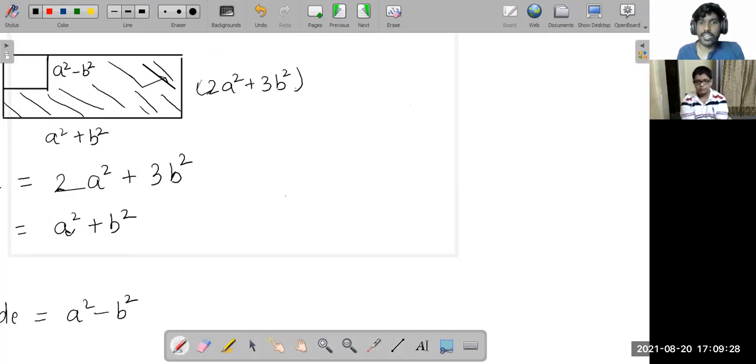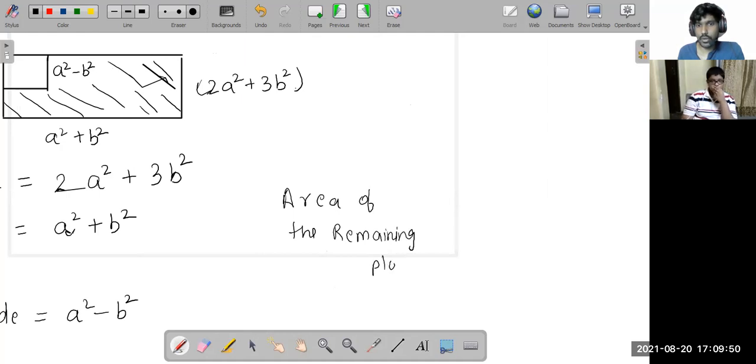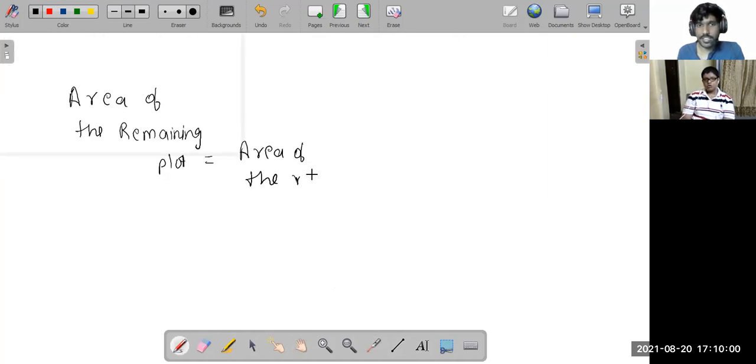So I'll write here: area of the remaining plot will be equal to area of the rectangle, or rectangular farm, you can say, minus area of the square. Did you understand this? Yes, sir.